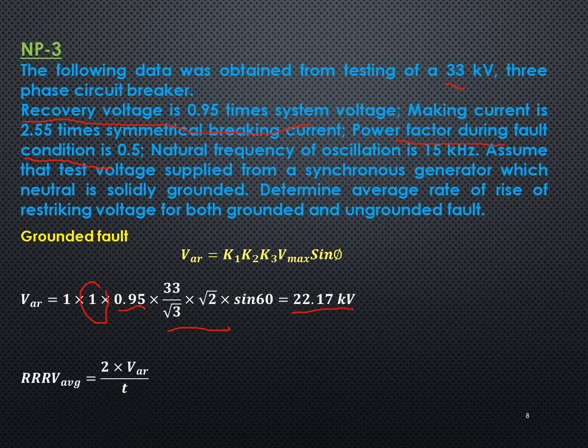Now we have to find the average rate of rise of restriking voltage, which equals twice the active recovery voltage divided by the time at which the maximum value of restriking voltage occurs.